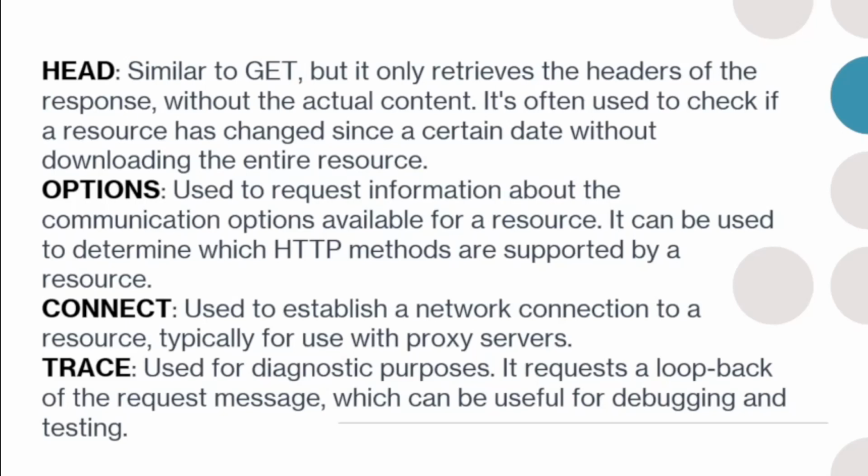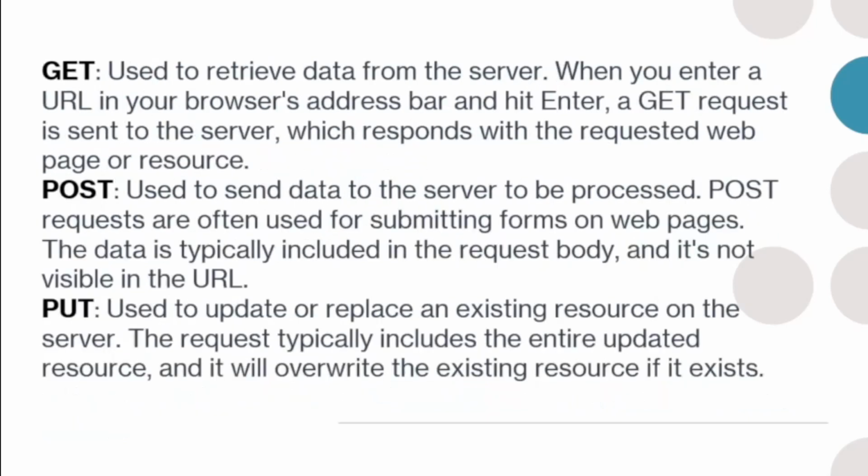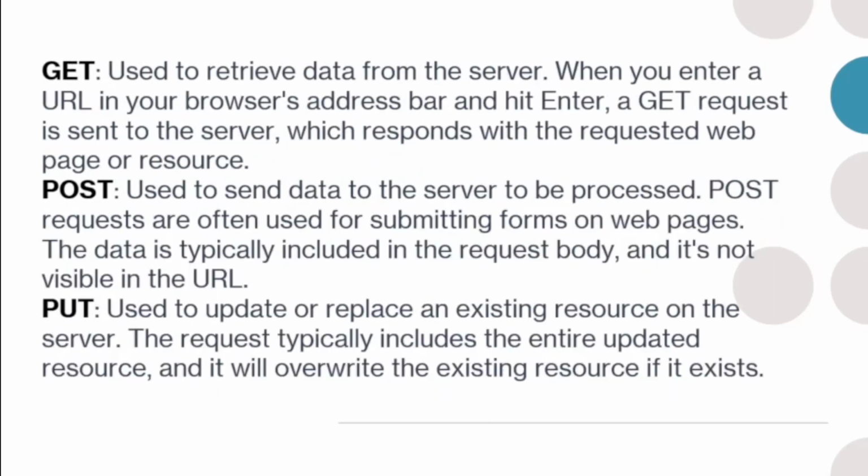So in this first series of ours, we'll just be focusing on the four basic methods, which is get, post, put, and delete. So you use get to retrieve data from the server.